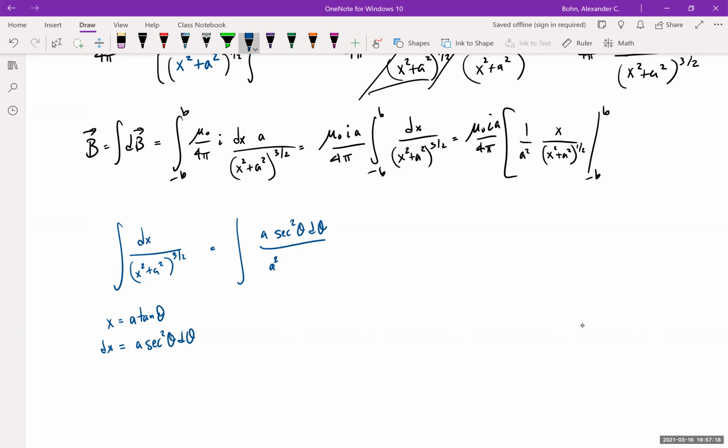So a squared tangent squared theta plus 1, all to the 3/2. So we can get rid of the outer parentheses there. We end up with a squared half is just a, but we're going to cube that. So that's a cubed once we're done, which is nice because that gets us the 1 over a squared in the answer that I just wrote down.